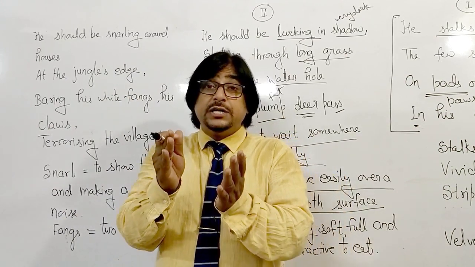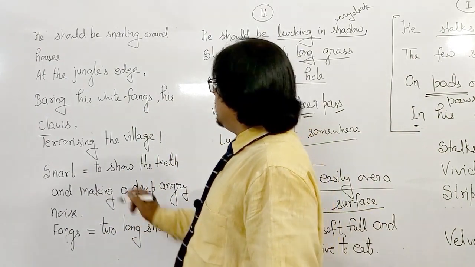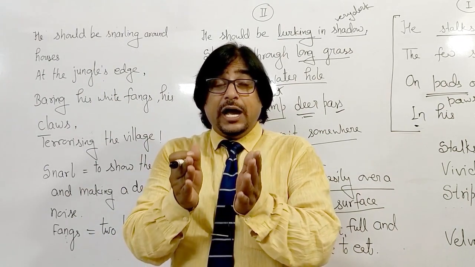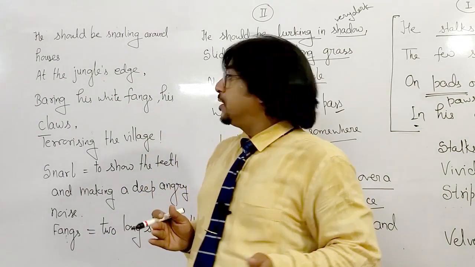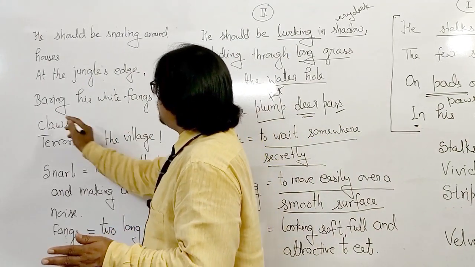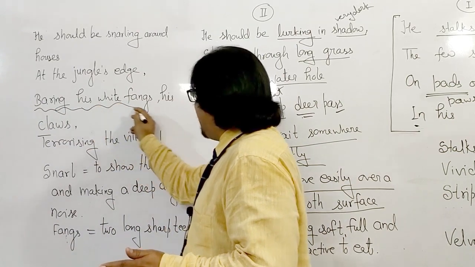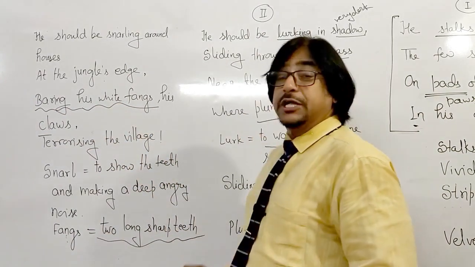And what is he doing in that place? So, at the jungle's edge, that means at the border of the villages. What does he do? He is exposing his white fangs. Fangs, that means long sharp teeth.